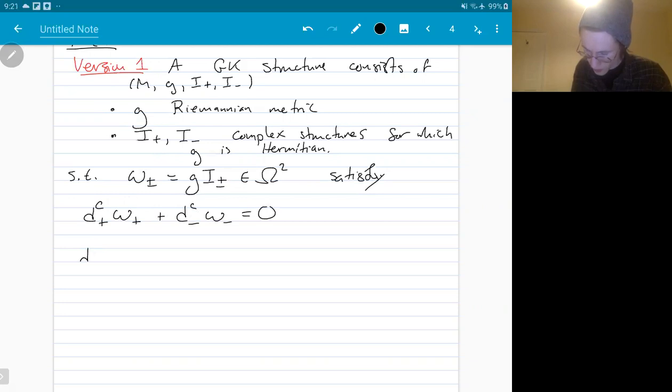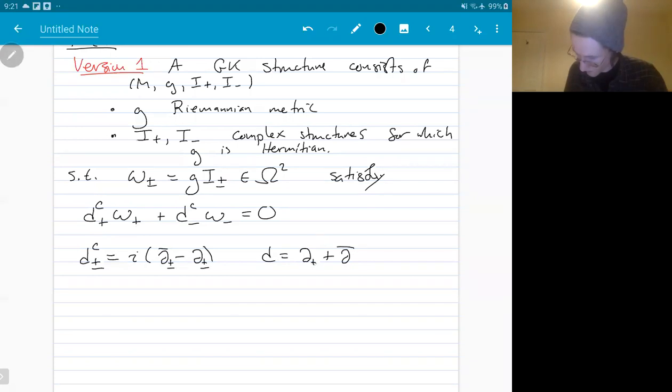Here d^c is a real operator, like the de Rham differential, but it's a different one that you get when you have a complex structure, and it's defined as i times (del bar minus del). Remember, d is del plus del bar, so d^c is i (del bar minus del). And since we have two complex structures, we have two of these operators. So that's the first equation.